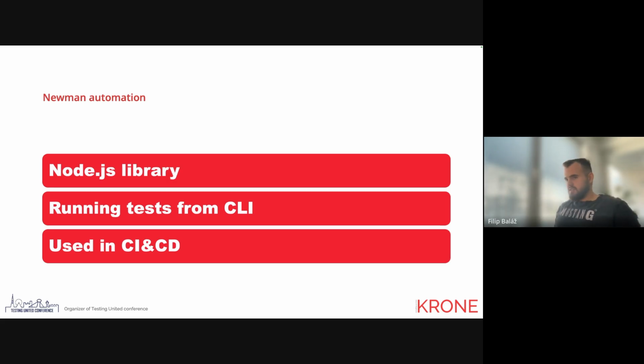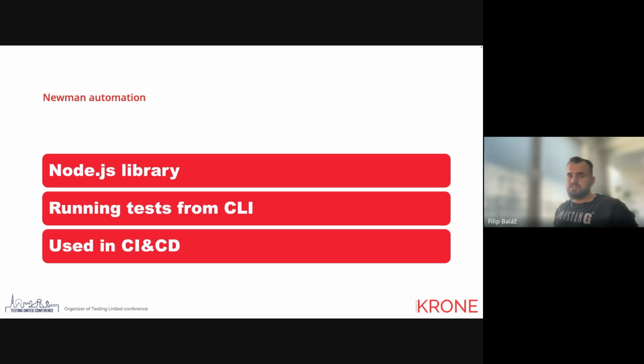As I mentioned, it's to run Postman collections and tests from command line interface. So I don't have to open Postman every time, but what I can do is I can export my collection as a JSON file, also my environment as a JSON file. And in command line, I will use Newman to run specific collection and also to run it with specific environment.